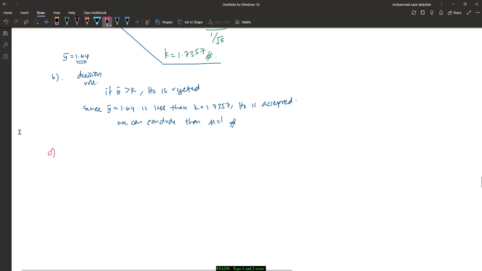So C, probability of type 2 error. So it should be equal to probability of accepting null hypothesis when null hypothesis is false, right?